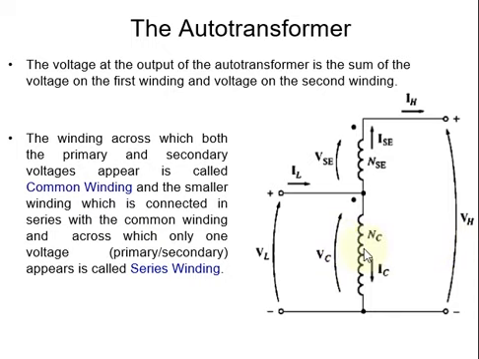So this is called the common winding, and this is the series winding, which is in series with the common winding, and usually it is a small winding. And the voltage at output VH is equal to the voltage across the common winding plus the voltage across the series winding.